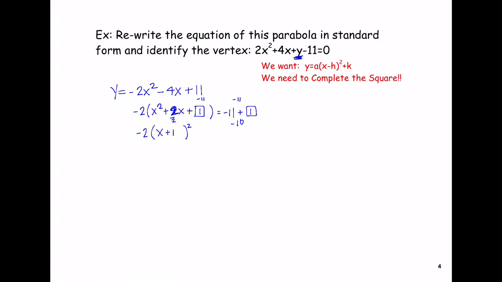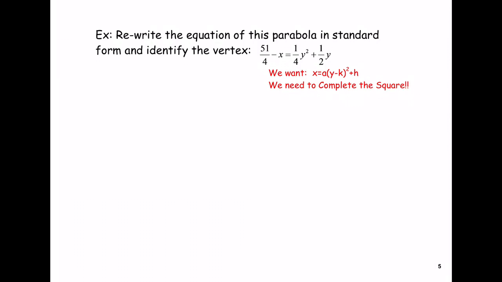When we move that 10 back over, we get a positive 10. And we now have our parabola in vertex form.